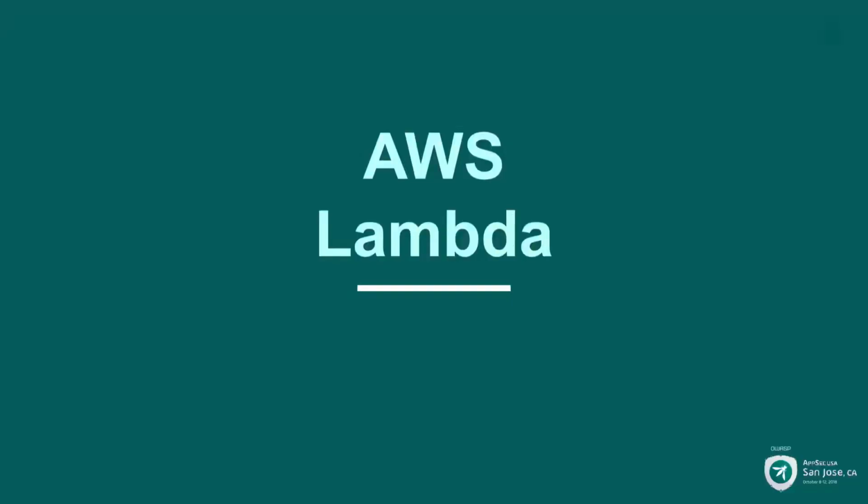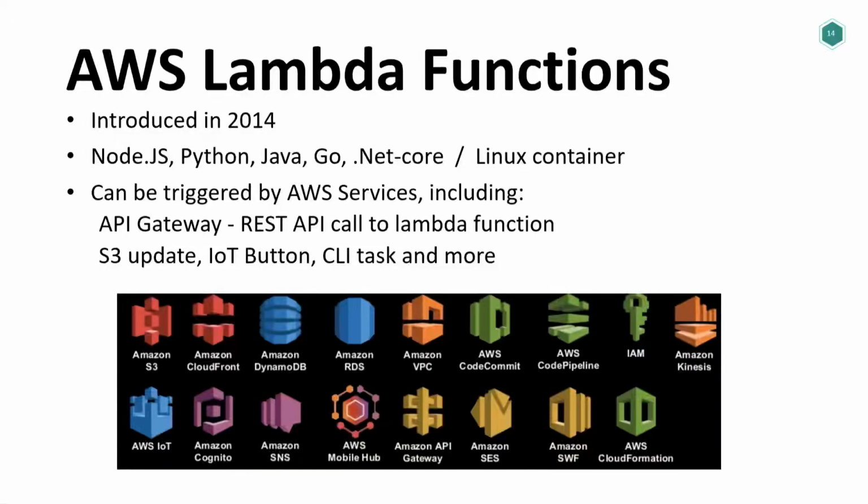So let's talk about Amazon's Lambdas. They support a lot of languages, including Node.js, Python, Java, .NET Core. They introduced Go at the beginning of this year, which was really fun. And we can see that they have two ways of triggering functions.